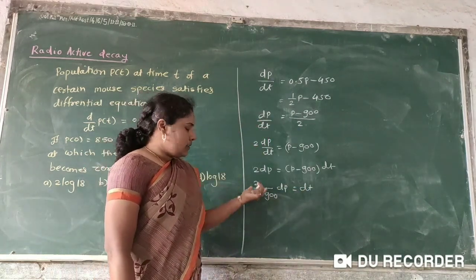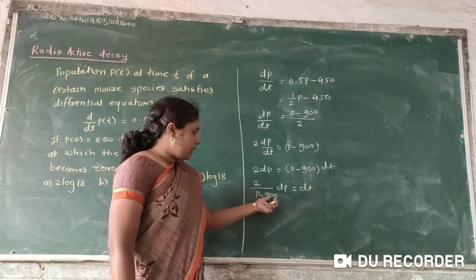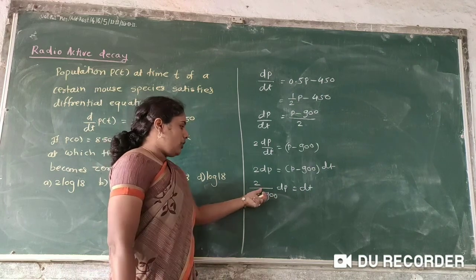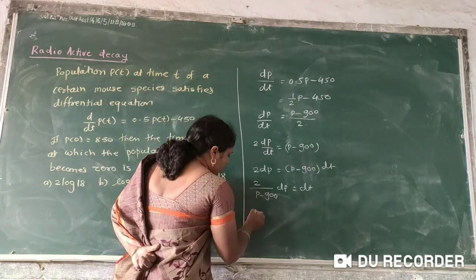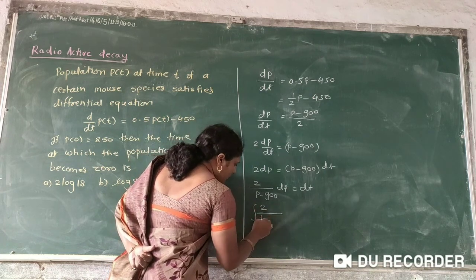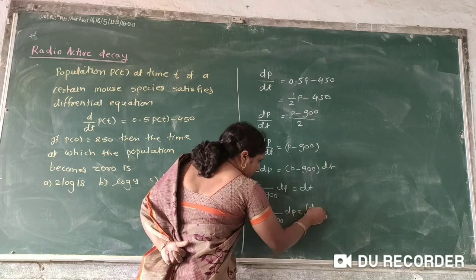तुम्ही डायरेक्ट या इक्वेशन मधून हे इक्वेशन घेऊ शकता. इंटिग्रेटिंग दिस 1 upon p minus 900, that is log of mod of p minus 900. Therefore, integrating this we get 2 upon p minus 900 dp equal to integration of dt.